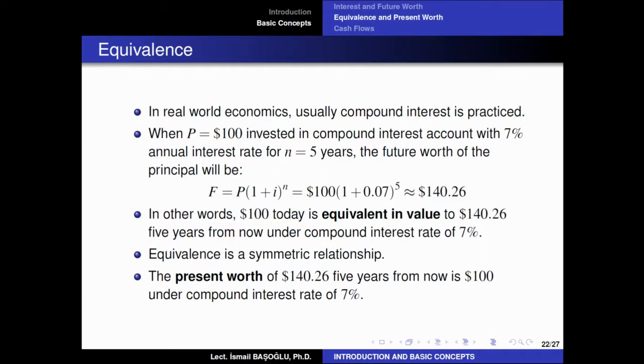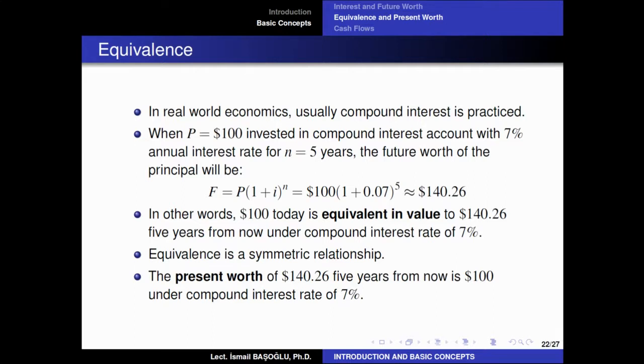Either one you can choose, because if you take $100 today, you can invest that money into your savings account, which pays you a 7% compounding interest per year. Then your money is automatically going to become $140.26 at the end of the 5th year. Or you can simply take the same amount of money from me 5 years from now. So both options are equivalent.